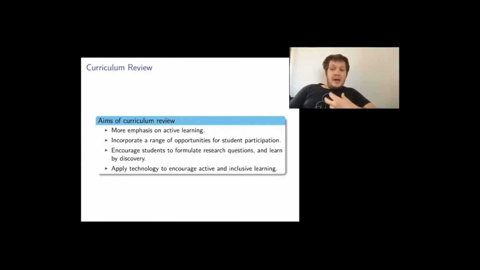So we're trying to make experiences that are more active for students, where they're more engaged. That means active in the sense of interacting with others, but also designing interactive resources that lend themselves to discussion and independent inquiry.